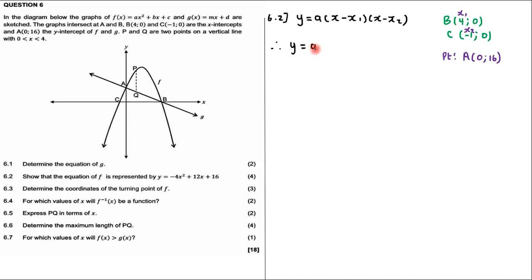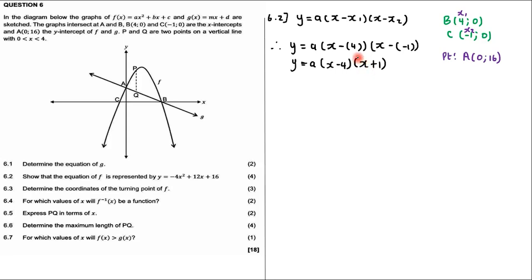So y is going to be a into x minus, my x1 is 4, so I'm just going to put it like that so that you understand, and then my x2 is going to be like that, right? When I simplify that part, this gives me x minus 4, and this gives me x plus 1.